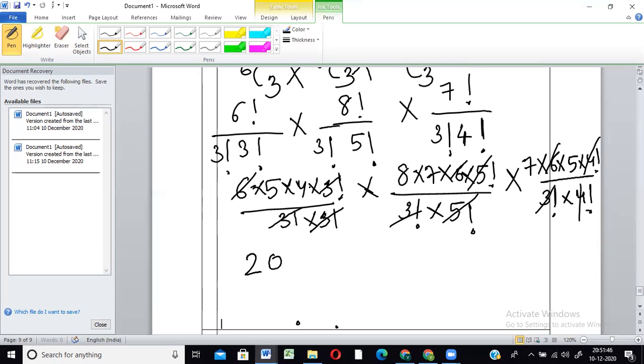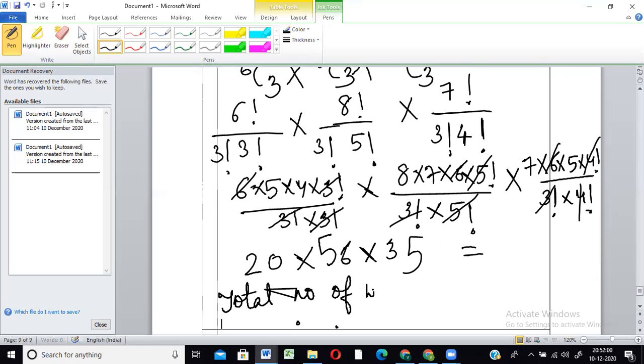This will be 5 4s are 20. This will be 7 8s are 56. The other one will be 7 5s are 35. So you just have to multiply all these three. So total number of ways will be equal to 20 into 56 into 35.